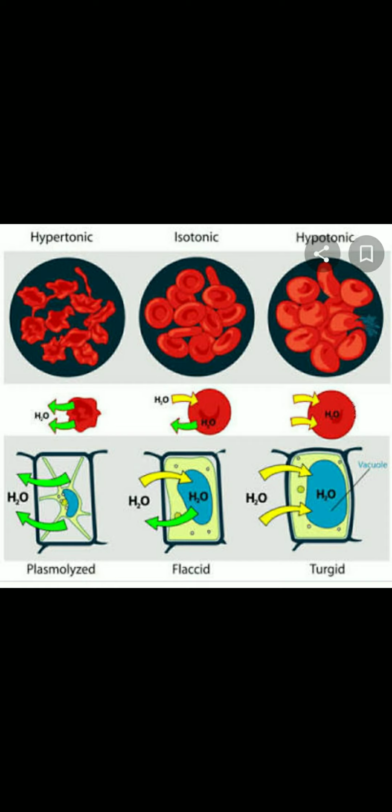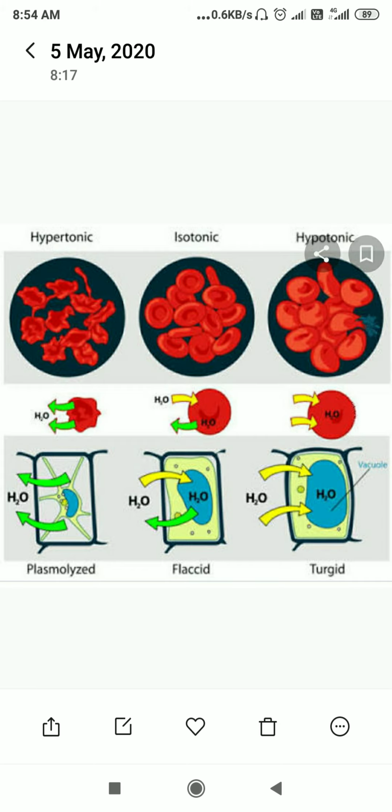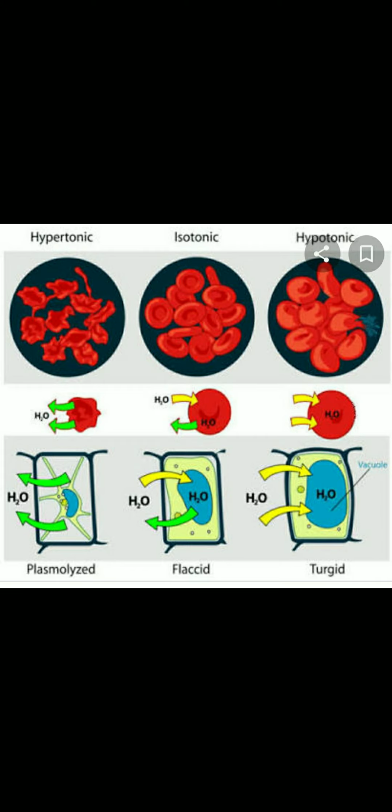That's why the water or solvent molecules release out from the cell. As the solvent molecules release out, the RBC becomes squeezed, plasmolyzed. And coming to the hypotonic solution, you can see in the last diagram what happened.